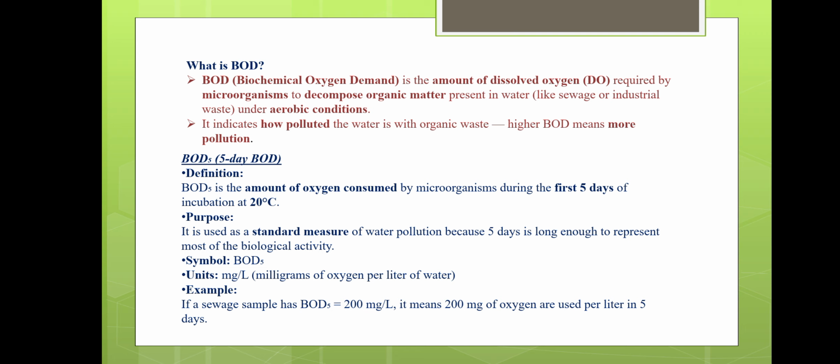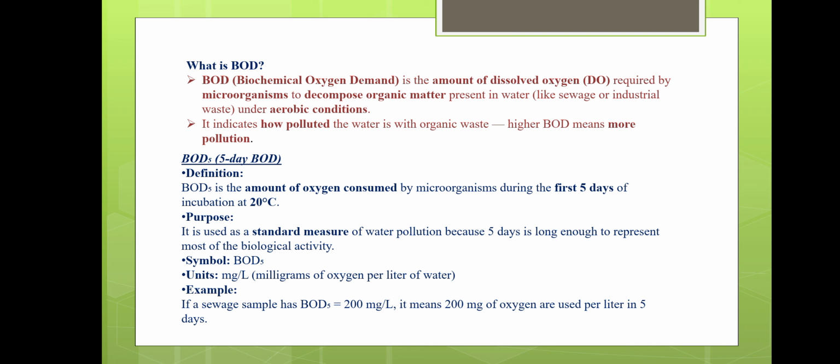Generally, I just want to introduce two terms related to BOD to you. One is BOD5 and another is BOD ultimate. Now I will explain what BOD5 is. BOD5 is the amount of oxygen consumed by microorganisms during the first 5 days of incubation at 20 degrees centigrade.